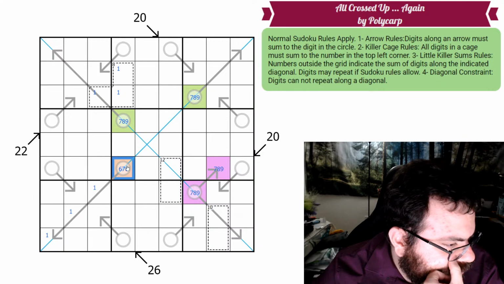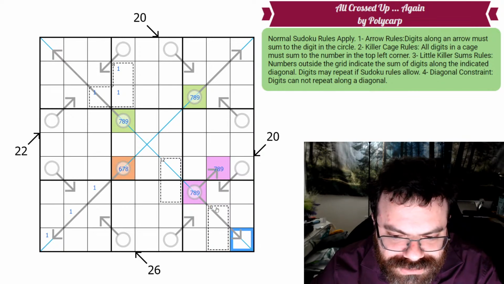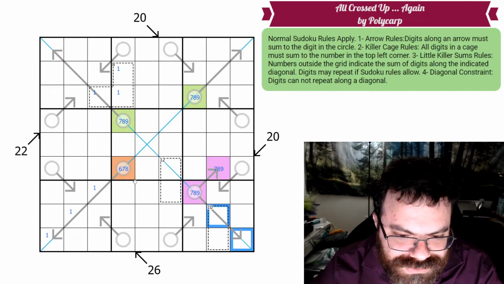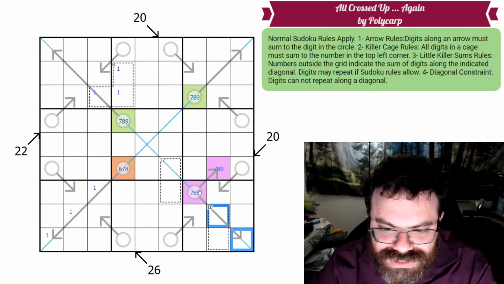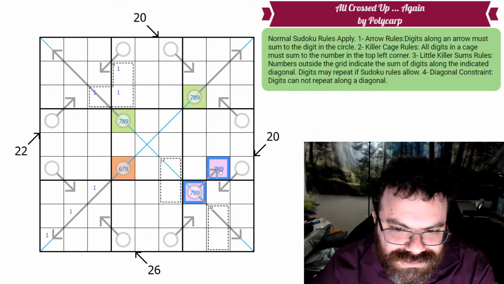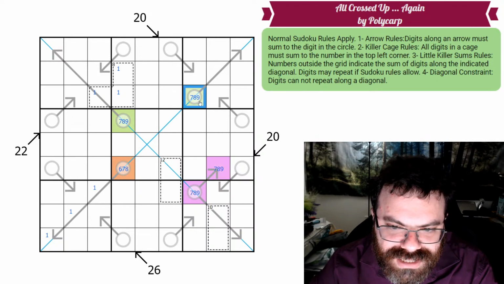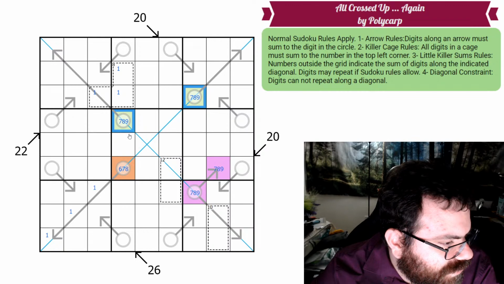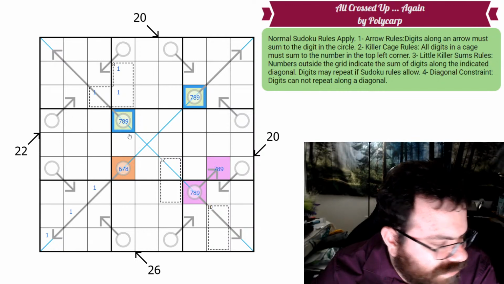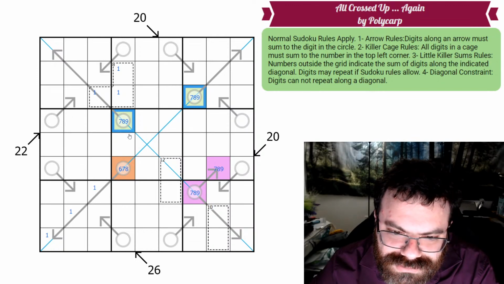Orange can't be 8 because then it must be in here. So if orange is 8, then this is a 1, 8, making this a 9. And green sees 8 and 9, so green would be 7. Why would green be 9?